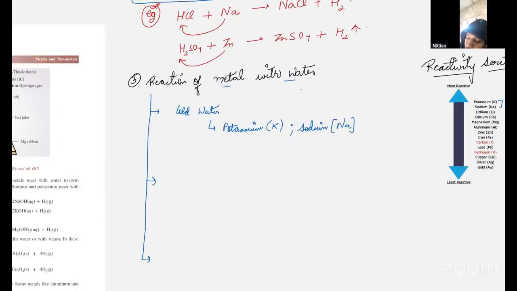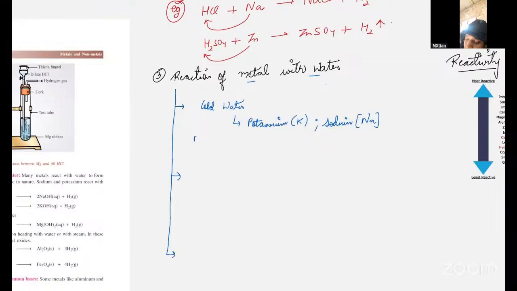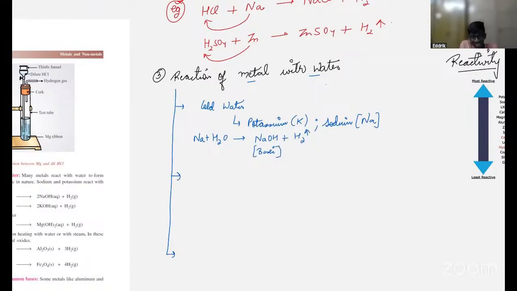When a metal like Na reacts with cold water, it will give NaOH, and H2 gas will evolve. Now this NaOH is basically basic in nature. So what is the reaction then?